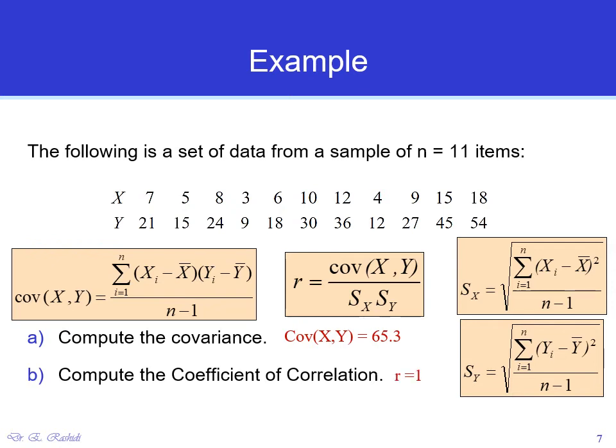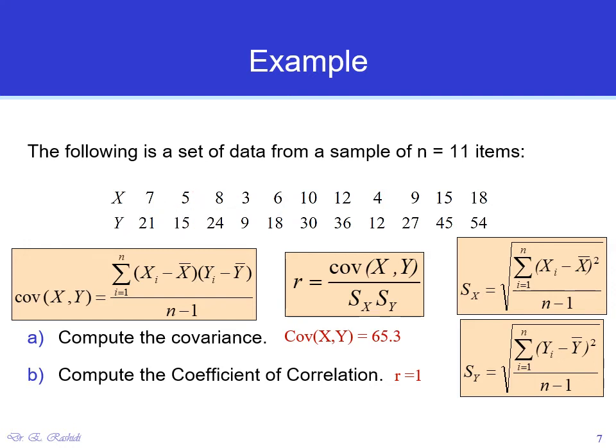r is equal to 1. That means that there is a perfect linear relationship between x and y. And if you look at the numbers here, you might actually see that. x is 7, and the corresponding value for y is 21, which means that it has been multiplied by 3. 21 is 3 multiplied by 7. And you can see that in the next number: 5 multiplied by 3 is 15, 8 multiplied by 3 is 24, and so on and so forth.